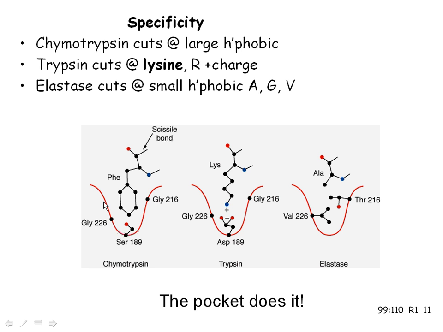The residues in there will pick out some things, not other things, so that the catalytic residues will only act on that particular substrate. So kind of a cooperation, catalytic residues doing actual catalysis, substrate binding pocket choosing who gets to be the target, holding on to the substrate while it happens.